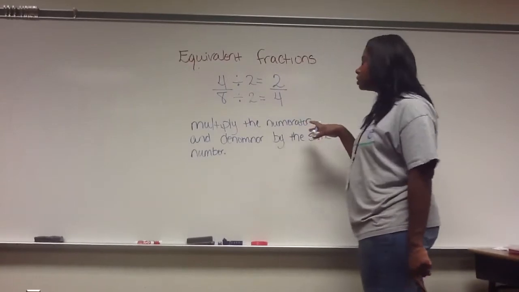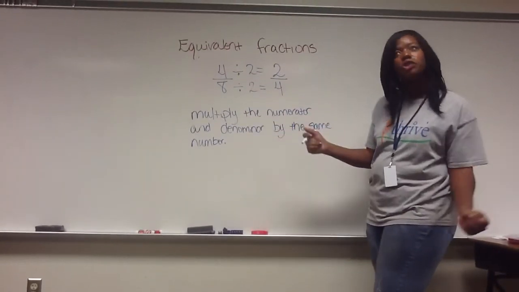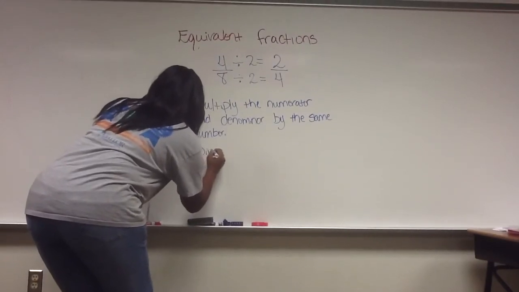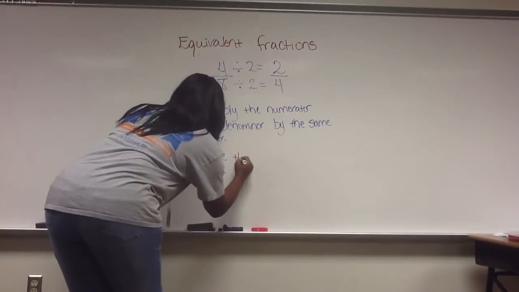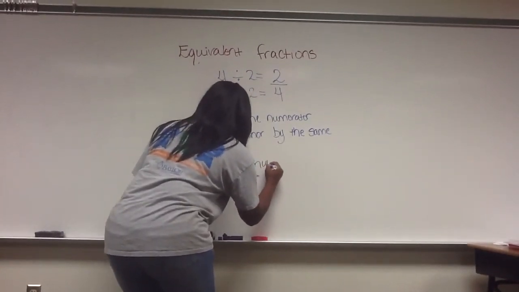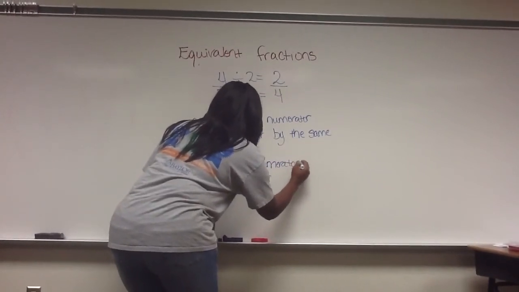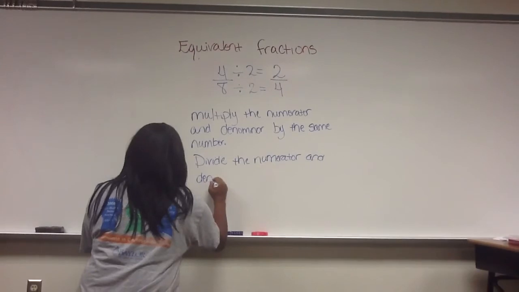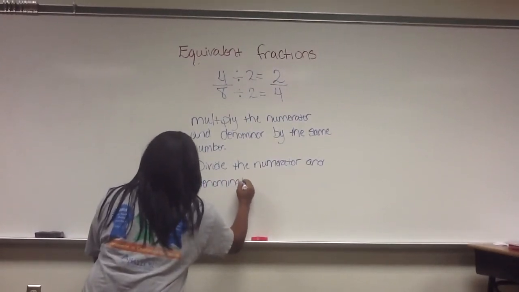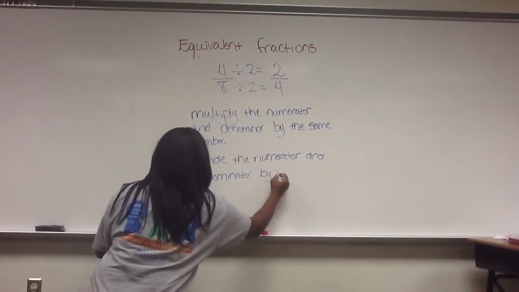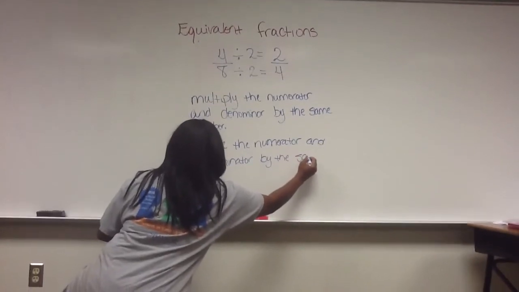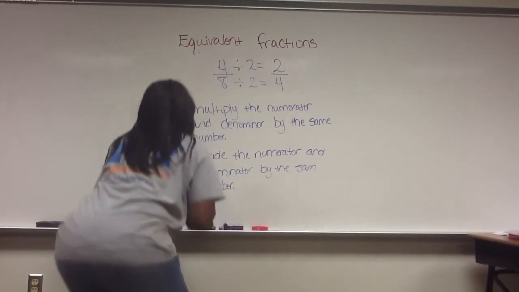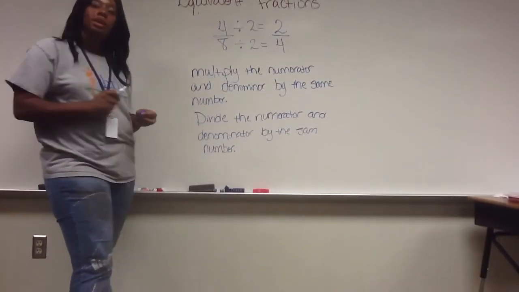You can multiply the numerator and the denominator by the same number to make an equivalent fraction, or you can also divide the numerator and denominator by the same number, and you will also make an equivalent fraction.